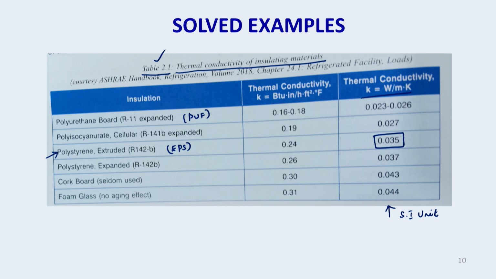Suppose you are using a PUF material instead of these two, then the value of K is given in the range 0.023 to 0.026. We can take the average value, or you can take the starting value, that is 0.023. Then again there will be a difference in the heat load due to transmission.